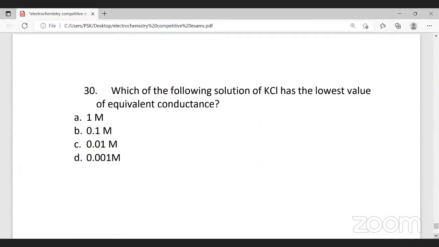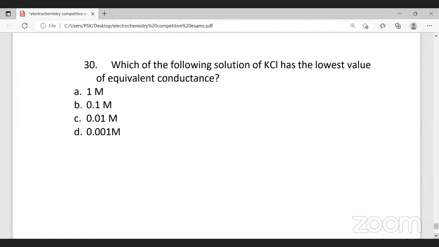Which of the following solutions of KCl has the lowest value of equivalent conductance? The formula is lambda equal to specific conductance into 1000 divided by normality or concentration.